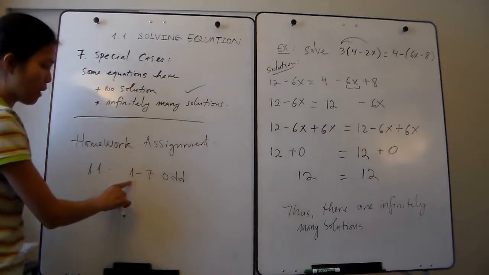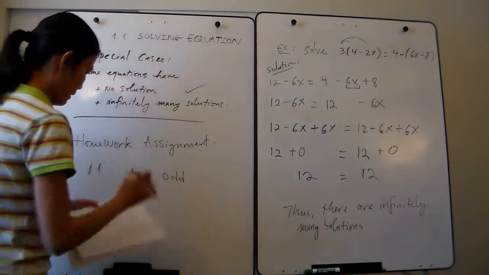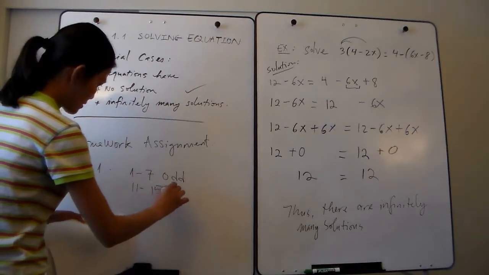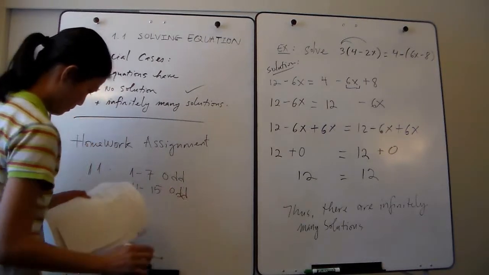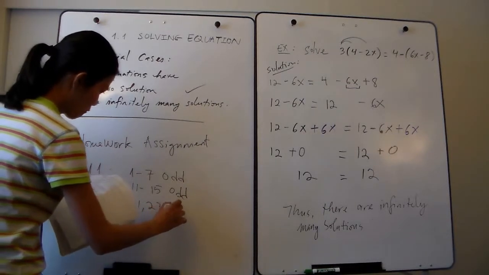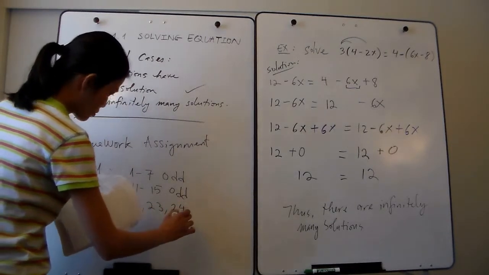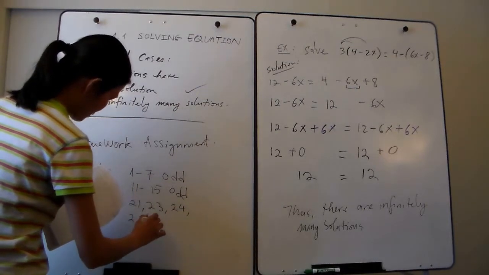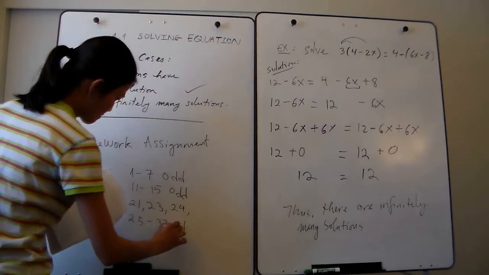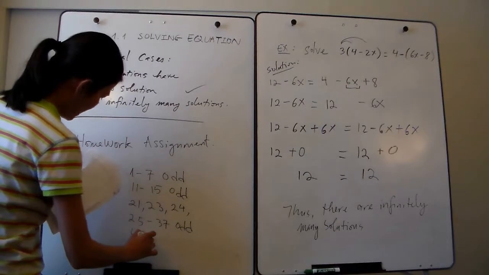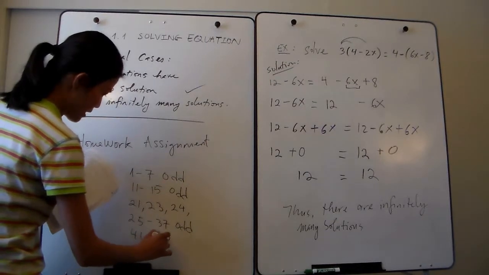So you're going to work on 1, 3, 5, 7, 11 to 15 odd, 21, 23, 24, okay, 25 to 37 odd, 41 to 83 odd.